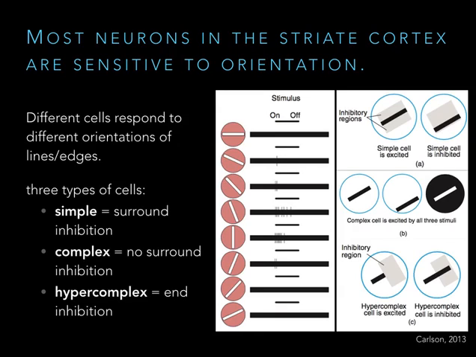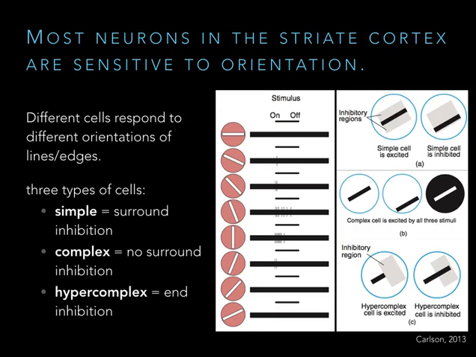So if you look at this cartoon on the left, what they're doing is rotating a line at different angles and then showing you the unit activity of a neuron in the striate cortex. In the middle of their recording, they're showing you when they flash the line into the visual field, and you'll see at different angles you get different degrees of activity.